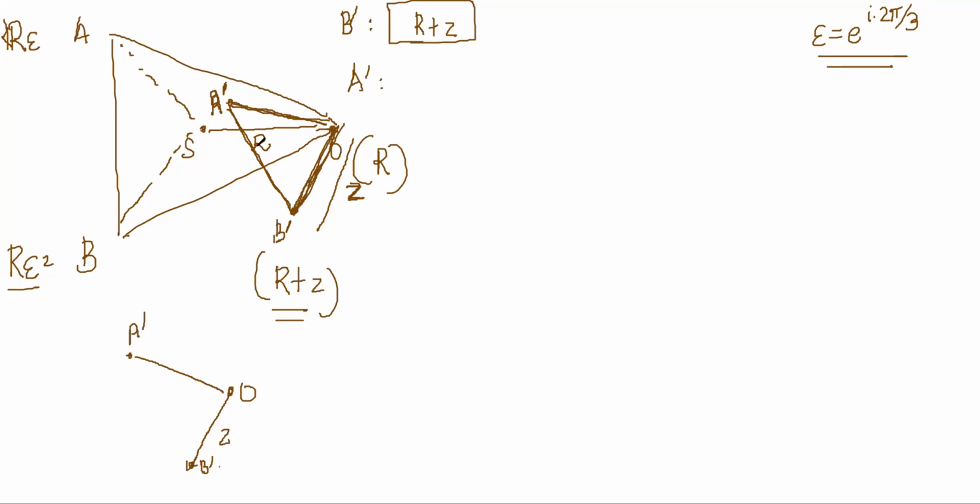Because O itself is R, so from the real coordinate origin, it is R plus Z, but from O it is Z only, no? Yes. So if it is Z from O, then after that it is just a pure rotation from here to get A, right? But this is a clockwise rotation, right? To get A dash, I have to do a clockwise rotation, right? So A dash should be Z into e power minus i into 2 pi by 3, right?